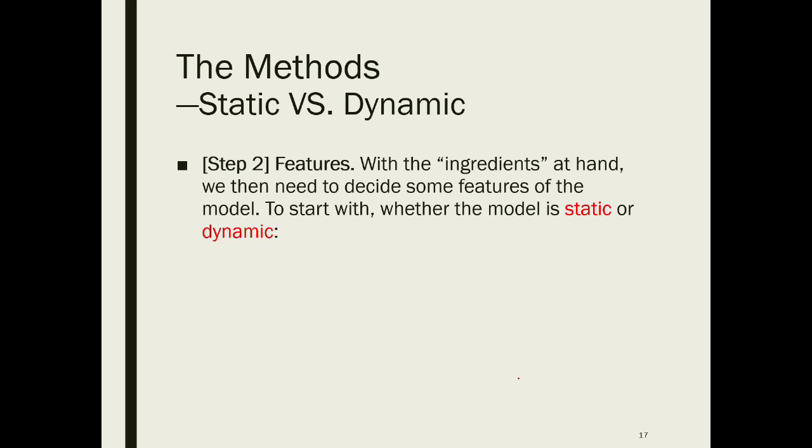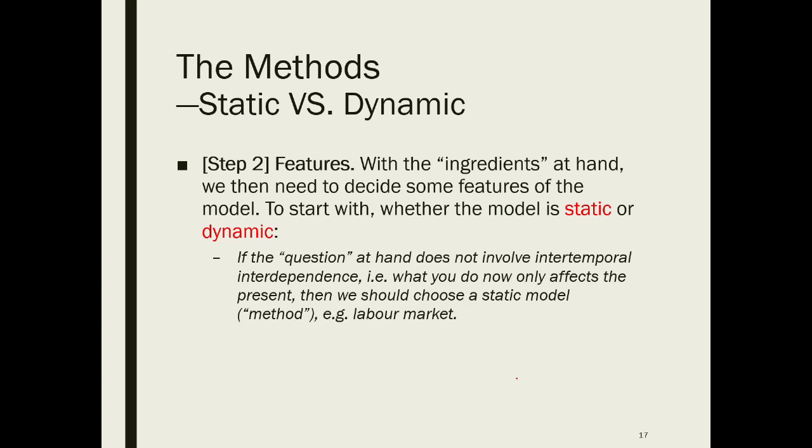If you only want to explain a market without intertemporal interdependence, that is, what you do today is only relevant in the current period and does not carry over to the next period, like the employment decisions, then you should choose a static model. We will discuss this type of models in topic 1, the business cycles in the labor market.